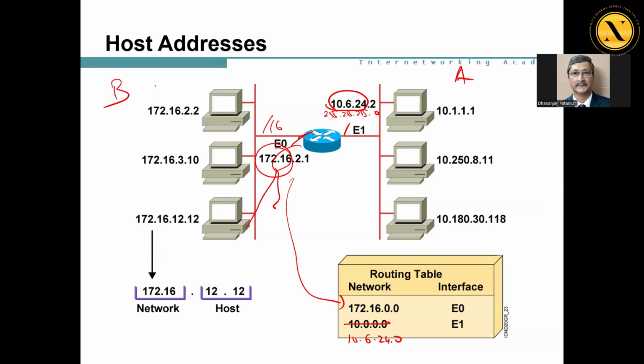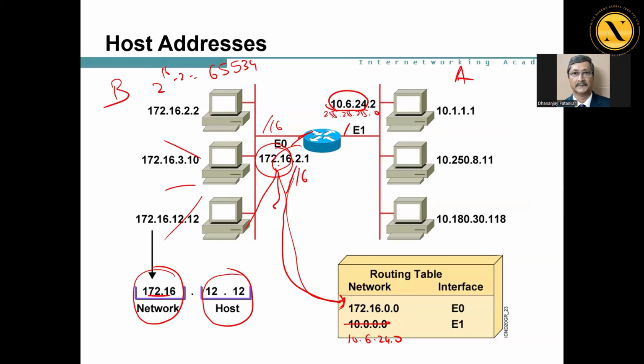Here you can give 2 raised to power 16 minus 2 maximum. 65,536, that's equal to 65,534 addresses you can give. So keep giving, right? It says the first two numbers are in the network portion and the third and fourth octets are in the host portion because that's a default subnet mask, right? /16, which means 255.255.0.0.